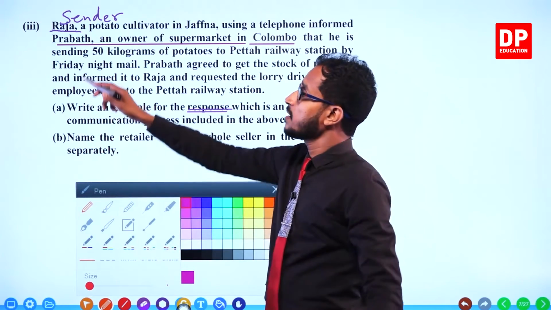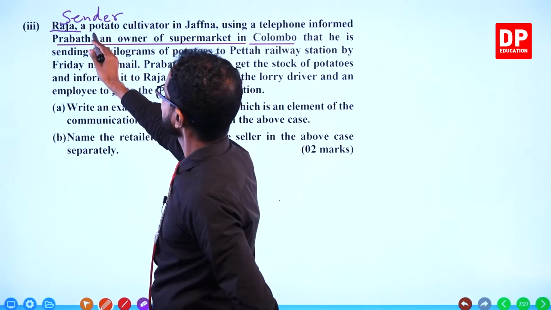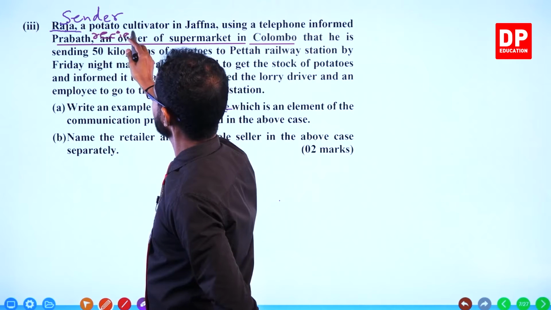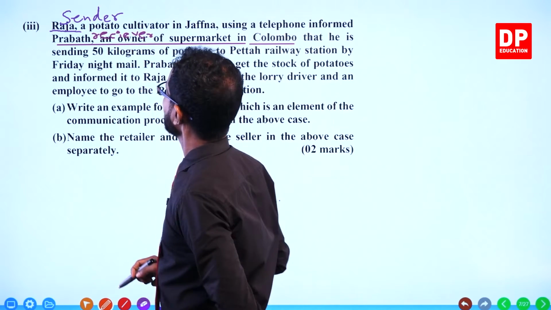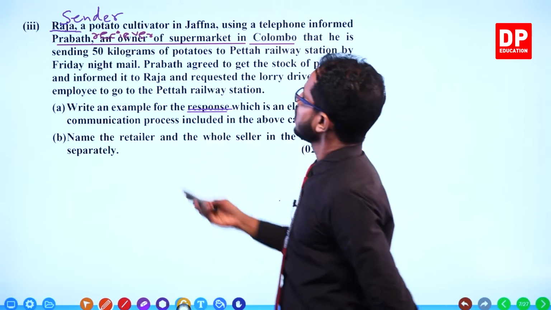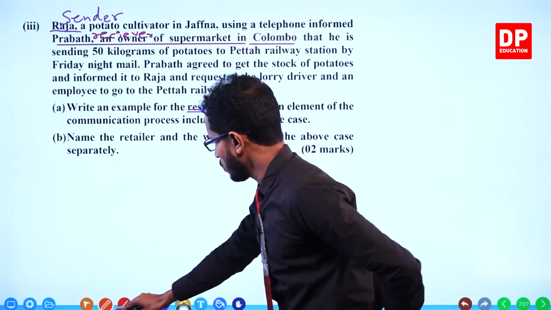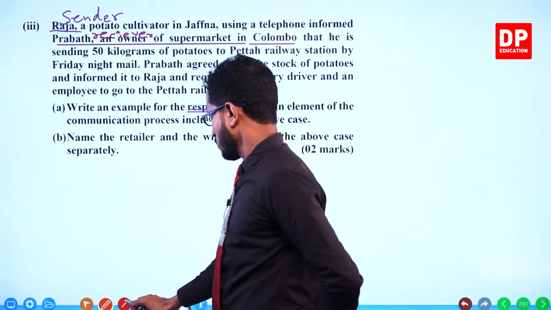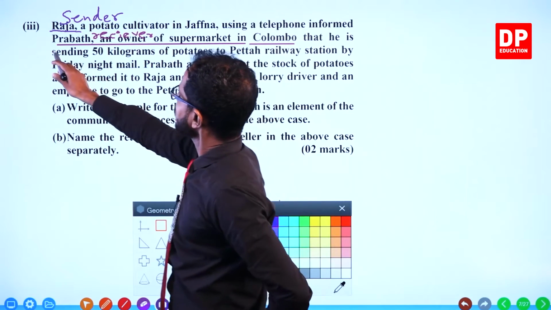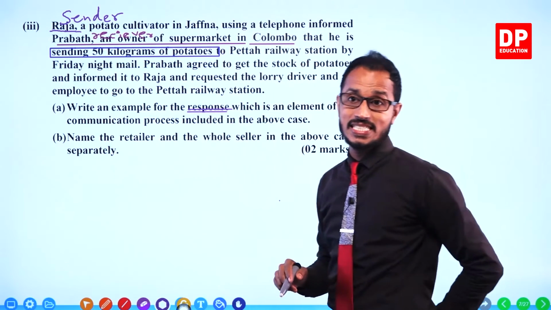No, before that, Raja is the sender. Who is Prabhat? Prabhat is the receiver. Sender and receiver. Okay. What is the message? Sending 50 kilograms of rice. No, not rice. Sending 50 kilograms of potatoes. That is the message.